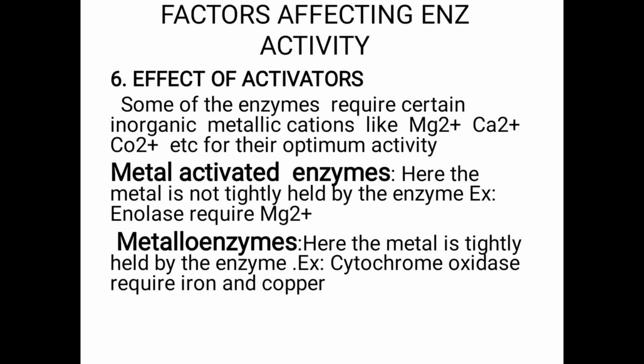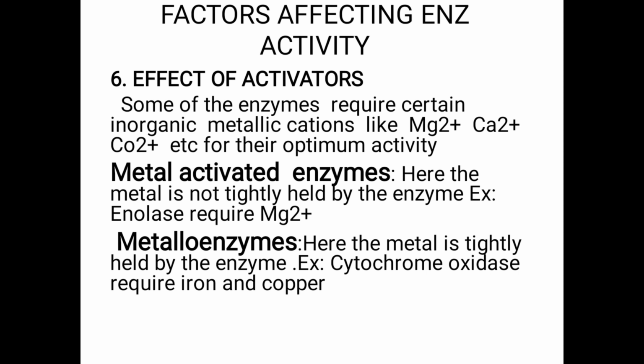Some enzymes require certain inorganic metallic ions like magnesium, calcium, cobalt for their optimum activity. Enolase, one of the glycolysis enzymes, requires magnesium. This is one example. Some enzymes are called metalloenzymes, where the metal is tightly held by the enzyme.